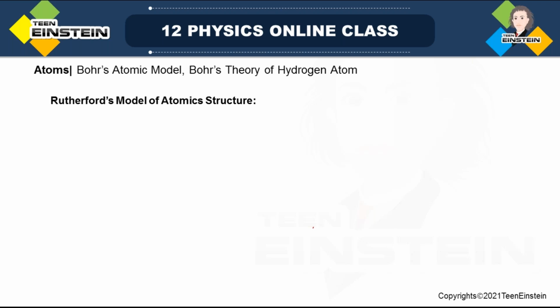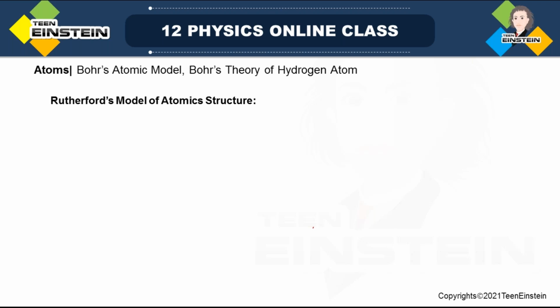So, I'll just recap a little bit because there is a correlation between these two models of atomic structure. Bohr was accepting Rutherford's model up to some extent, and then there was already the quantum concept of radiation.